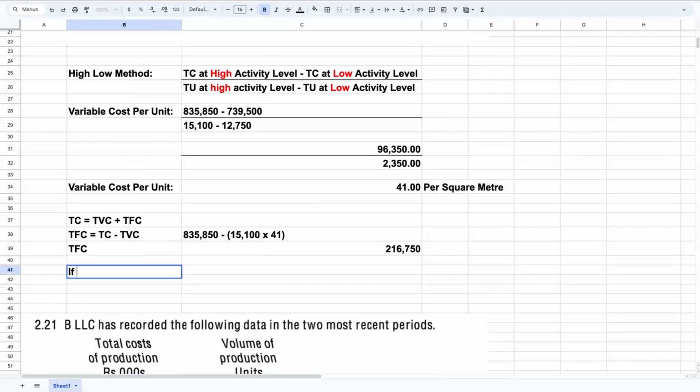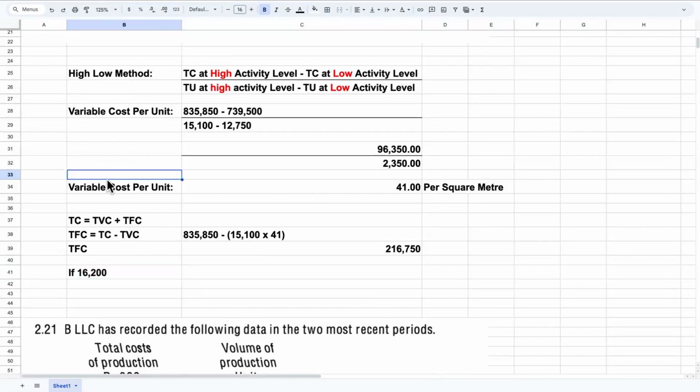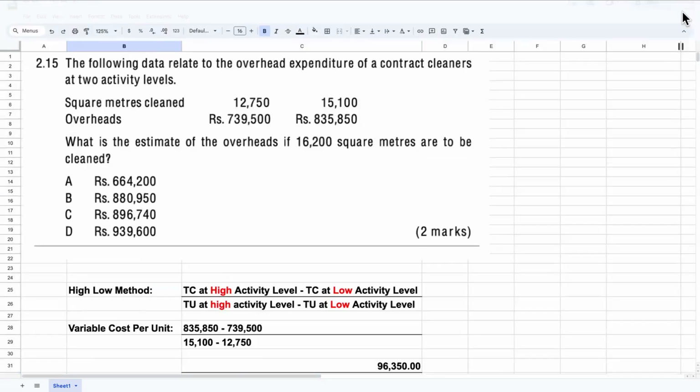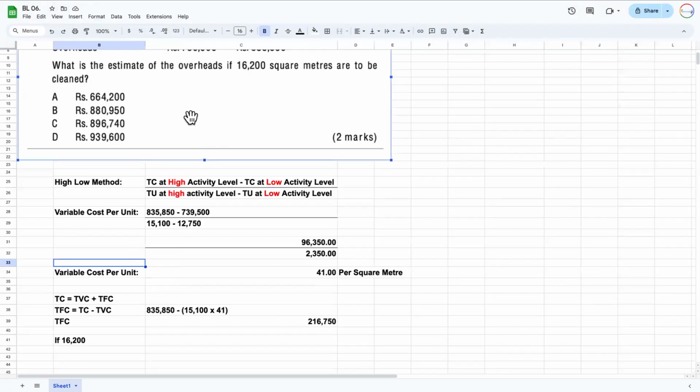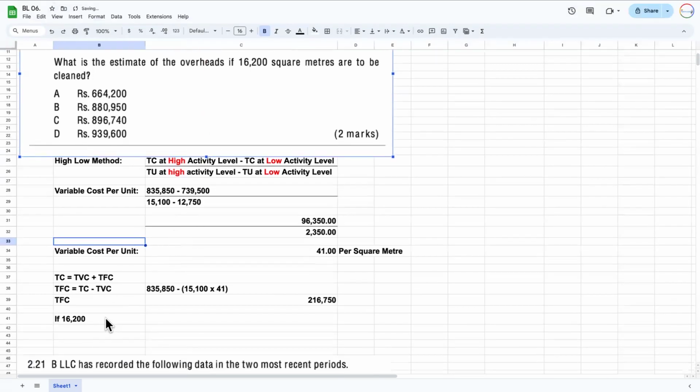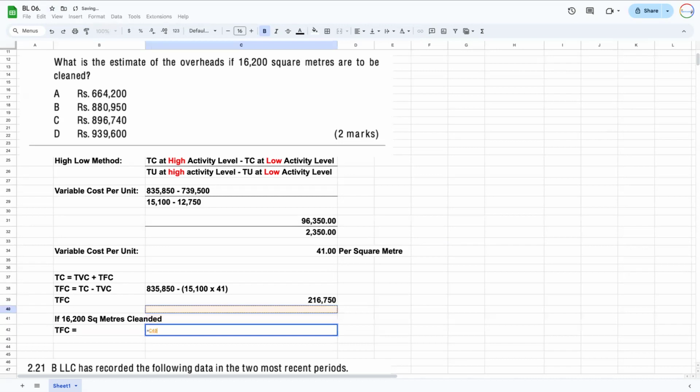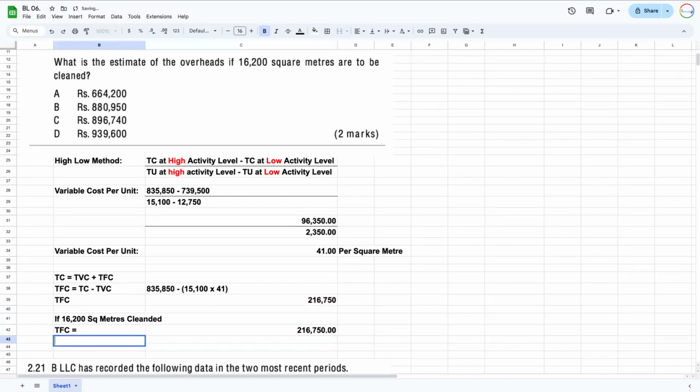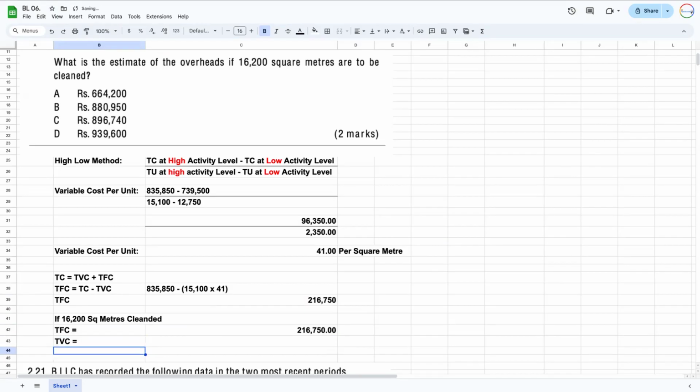If 16,200 square meters are cleaned, according to the question, the total fixed cost is going to be the same, that is 2,16,750. We only want to know the TVC part, the total variable cost.